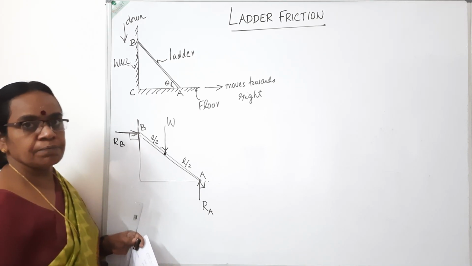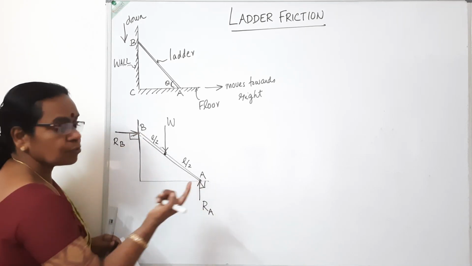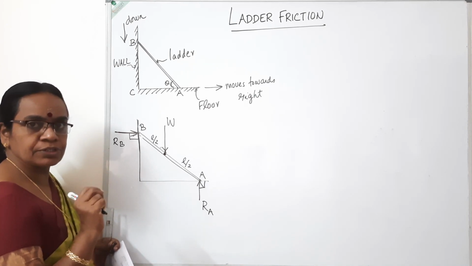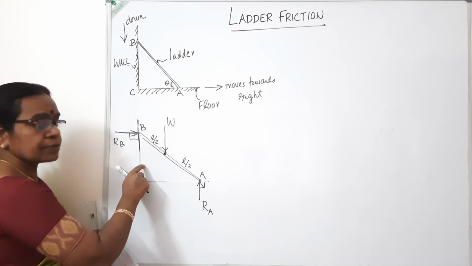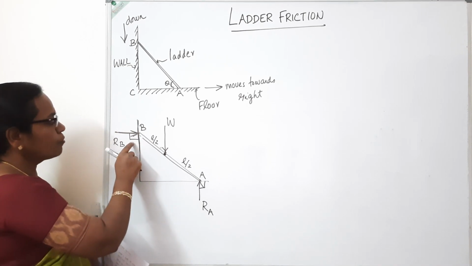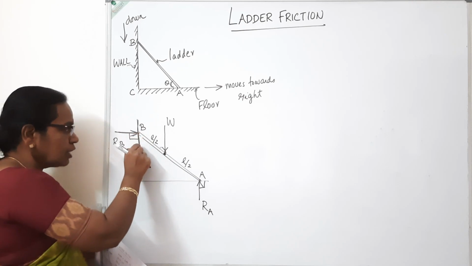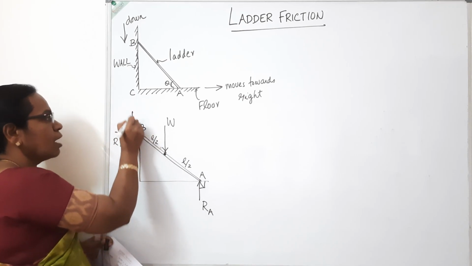Then friction. If the wall as well as the floor are rough, there will be frictional force. If it is smooth, there will not be any friction. Assume that the wall is rough, so there will be frictional force. The direction of motion of this end is downward, so the friction will be acting up.